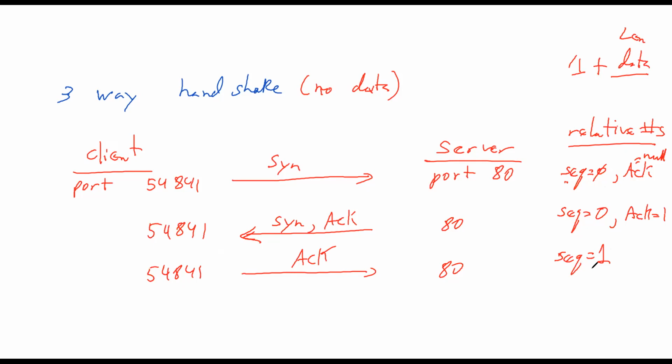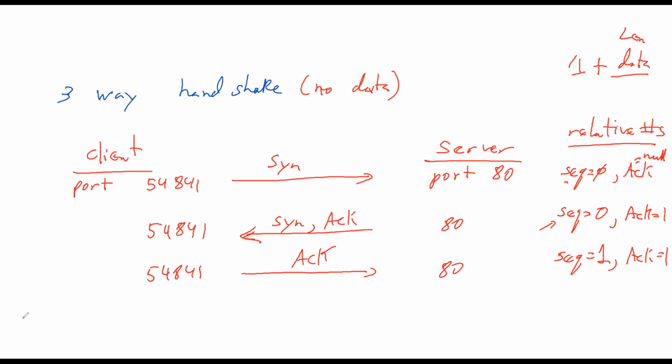No data was exchanged, so it only increments by 1, and it acknowledges this one from the side of the server. So it's going to be ACK equal 1. So they're basically ACKing each other.